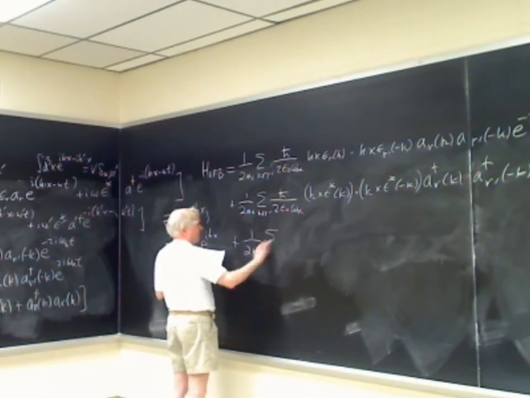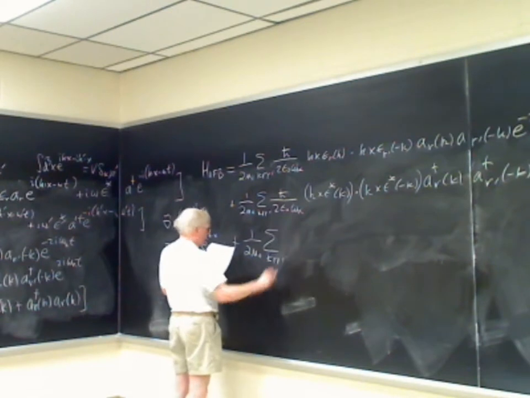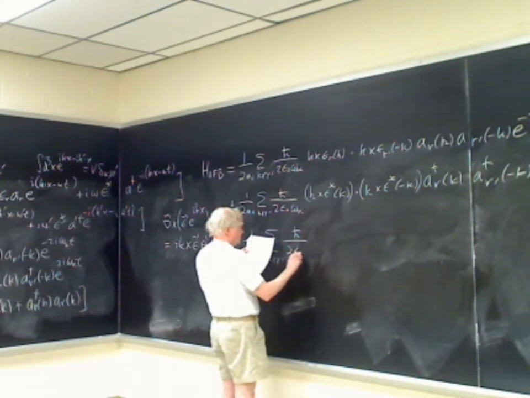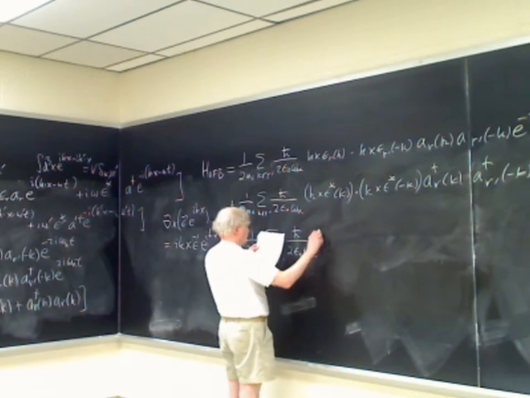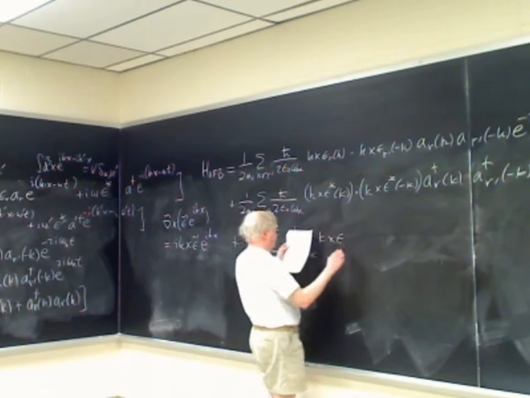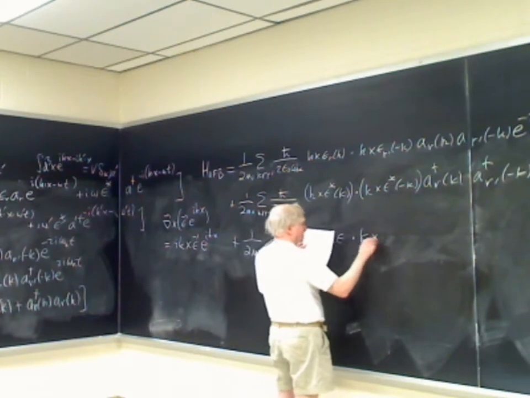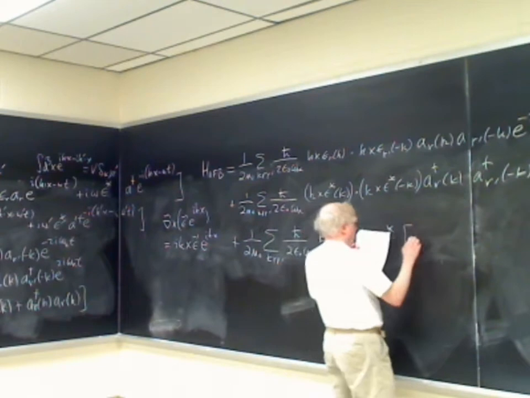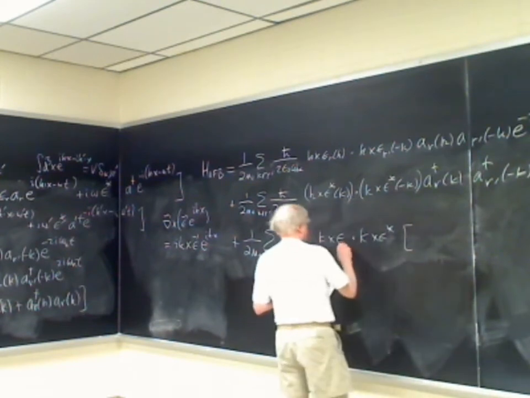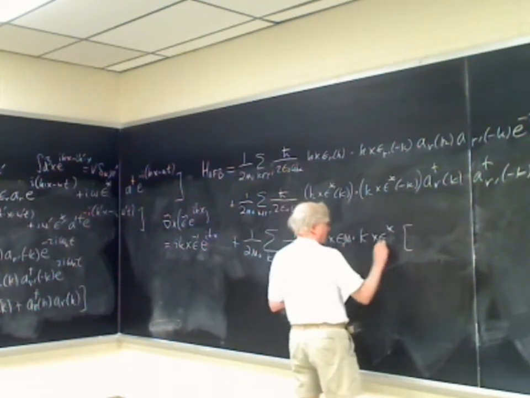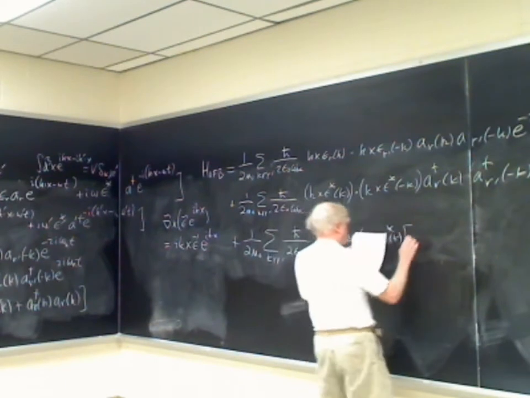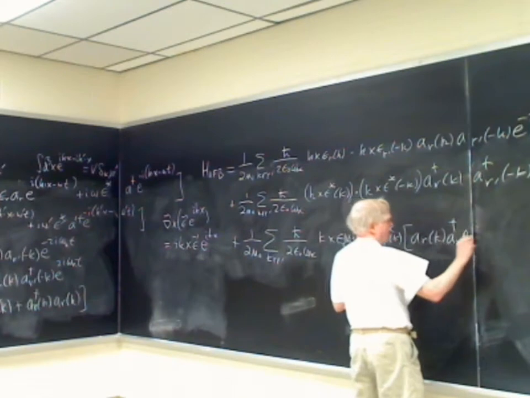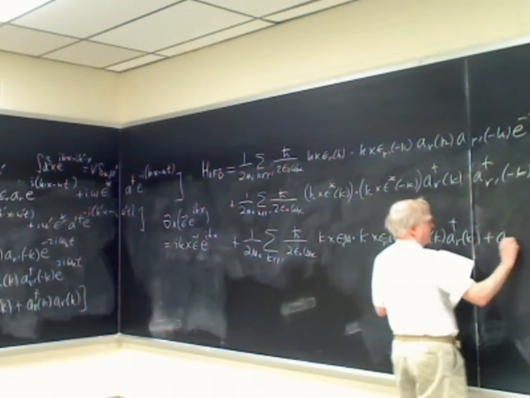Okay, and then the last term, the one that you actually want to show somebody, is the sum over k, r and r prime of h bar over 2 epsilon 0 omega k, k cross epsilon dot k cross epsilon star, and I might just say r of k, r of k, and then this is a sub r of k, a dagger sub r of k plus a sub r dagger.